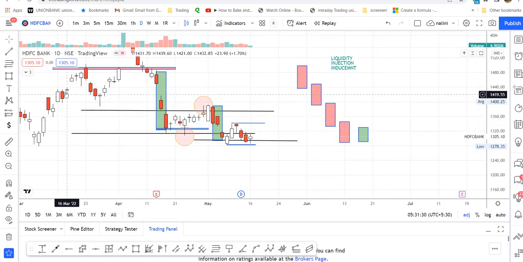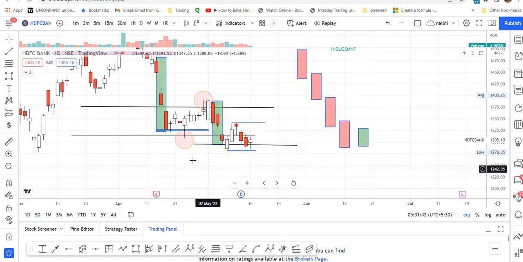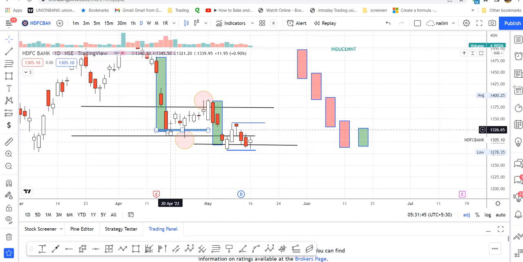See, it is a case study of HDFC Bank. When HDFC Bank started falling, this is 1, 2, 3, 4 actually. When it started falling, liquidity was injected here because a green candle has come, injected into the market, and ping pong started.